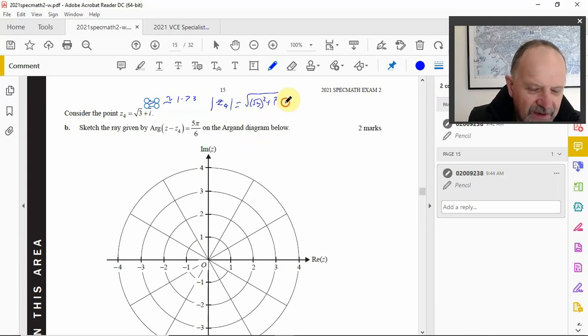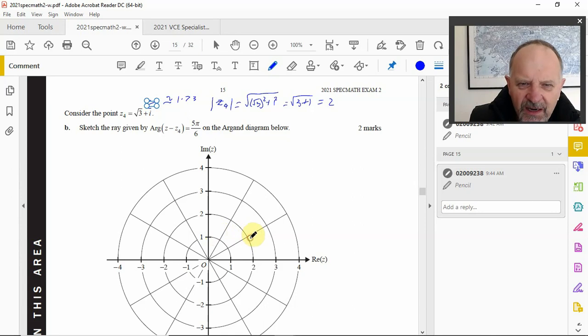And so when you figure that out, that's the square root of 3 plus 1, which is the square root of 4, which is 2. So what does that mean? That means that Z4 is on the circle of radius 2, this one here. So it's actually right there at that point.